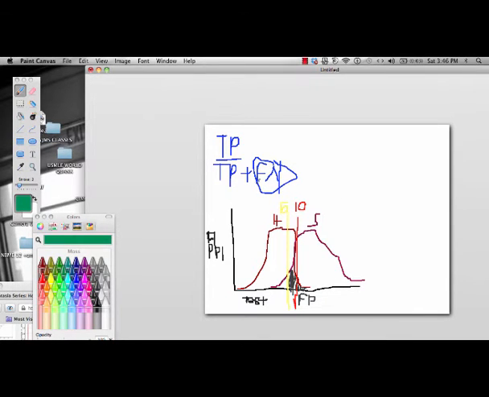So remember, the false negatives are in the denominator of our sensitivity equation. So if I'm going to lower the amount of false negatives, then sensitivity will go up.